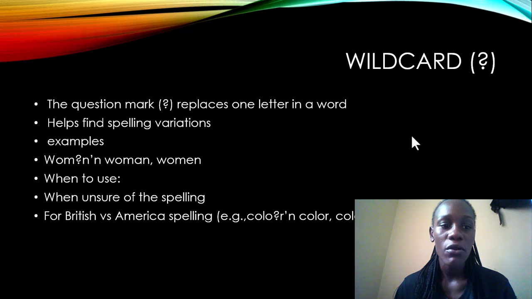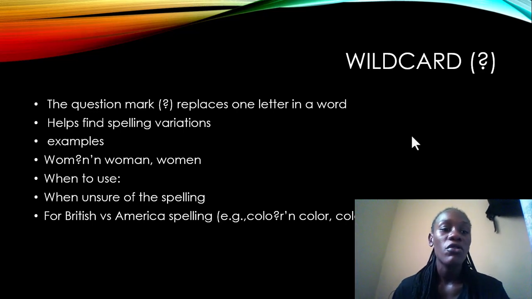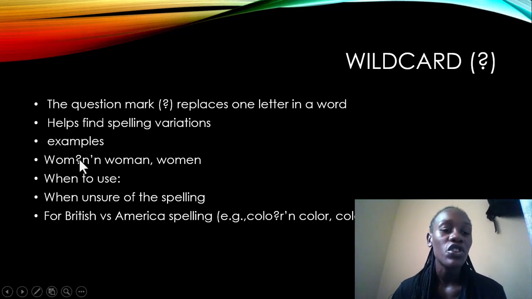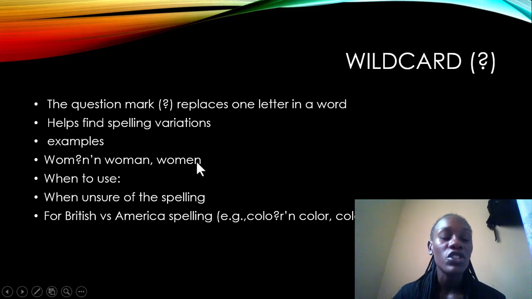For example, in the word woman, you can see that they put a question mark to mean that there is a certain letter which is missing here, and you can put a or e in order to mean that it is either woman or women. So that is a question mark truncation.